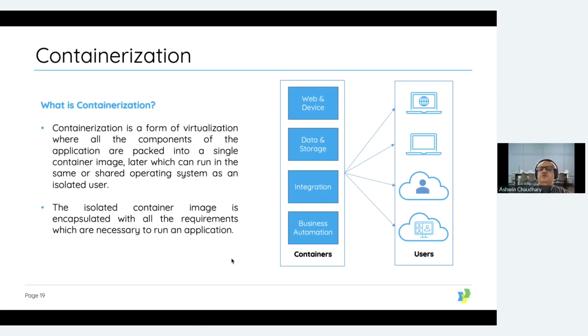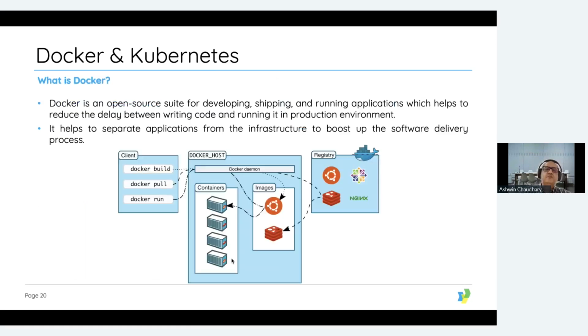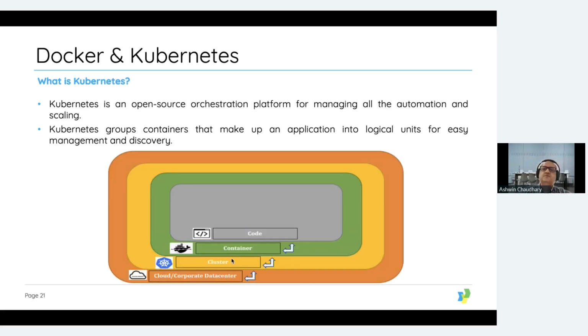But today we are not going to discuss those benefits. This is a security discussion, and we are going to discuss only security issues in containerization. So what is Docker? Docker is an open source suite for developing, shipping, and running applications, which helps to reduce the delay between writing code and running in production environment. Right? It helps easy delivery of the applications, and that is the reason people use Docker.